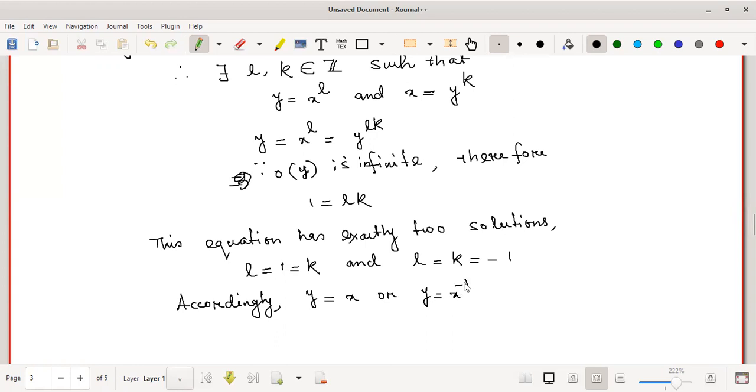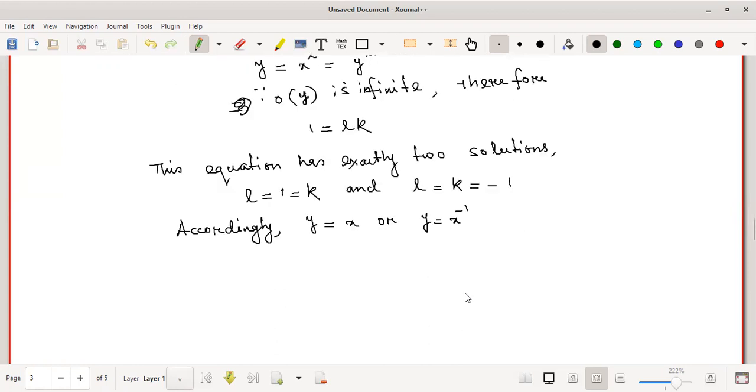So I'm done. That means if you choose y as any other generator of G, then either it is x itself or its inverse. So you cannot have more than 2, you have exactly 2. So job is done. Hence, proved.